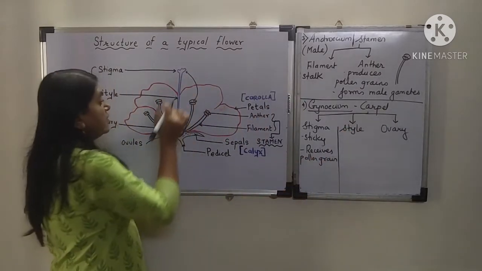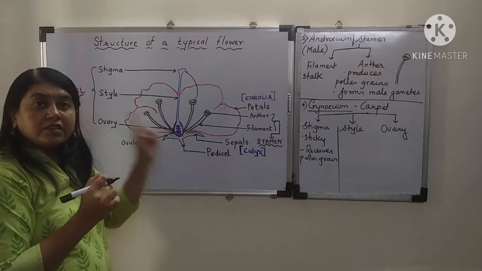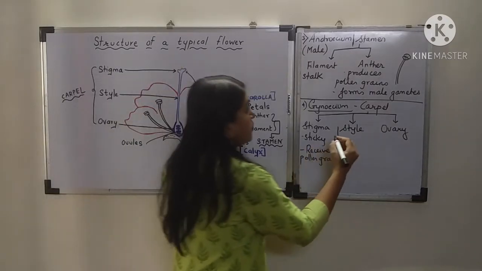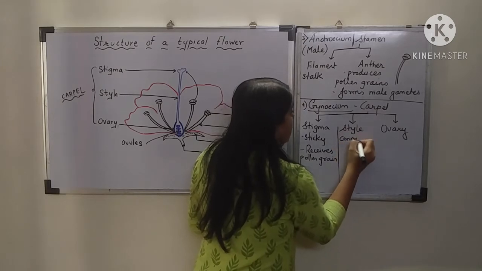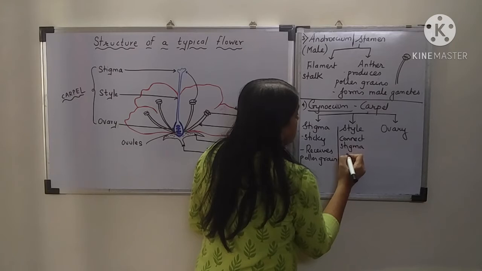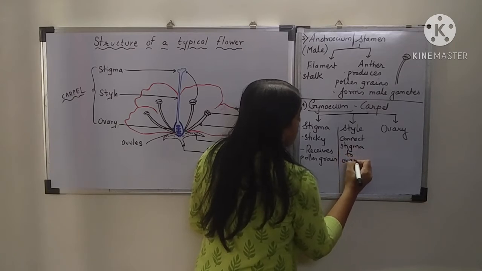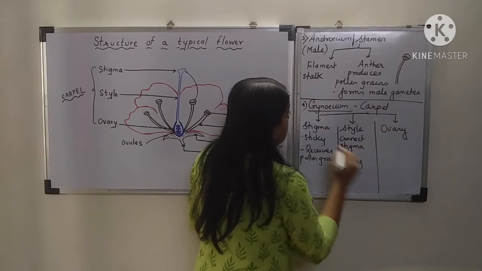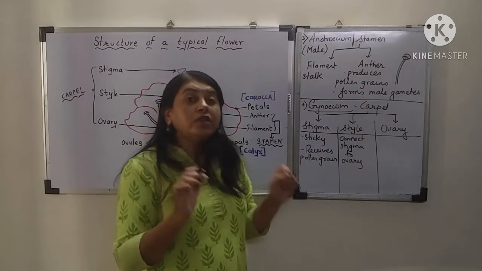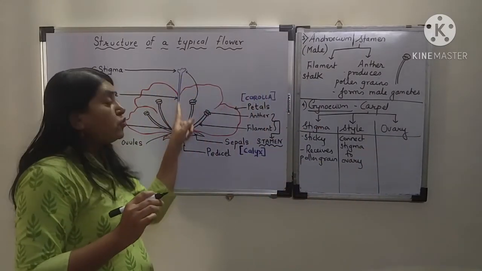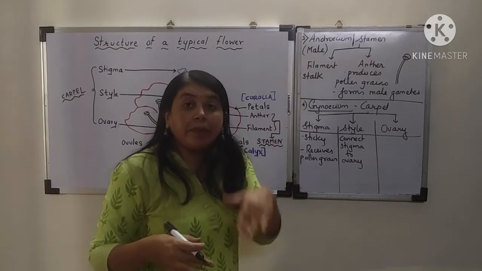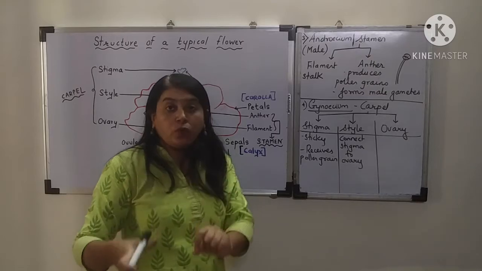What is style? You can see this middle part is style. Style connects stigma to ovary. Also, through the style is the passage of the pollen tube. That means through the style, the pollen tube carrying male gametes reaches the ovary.